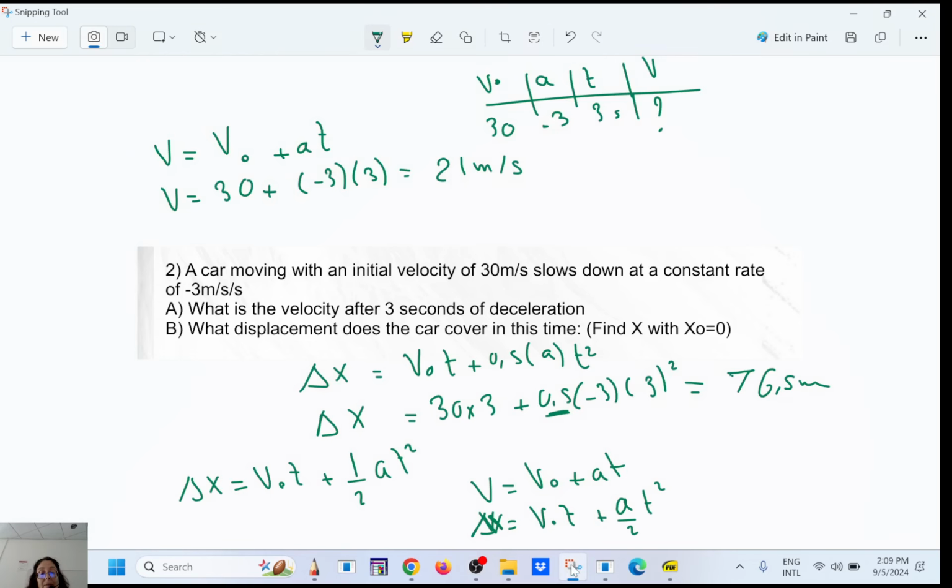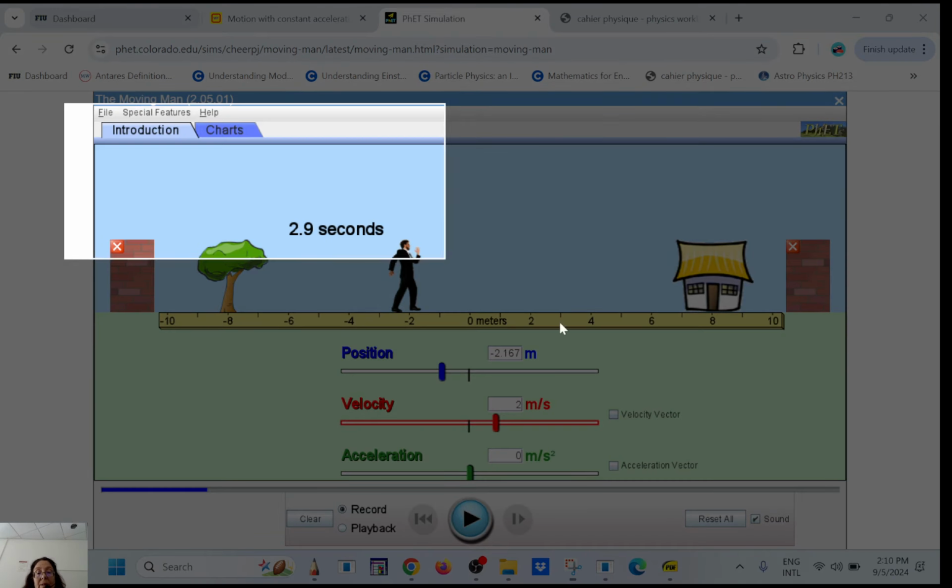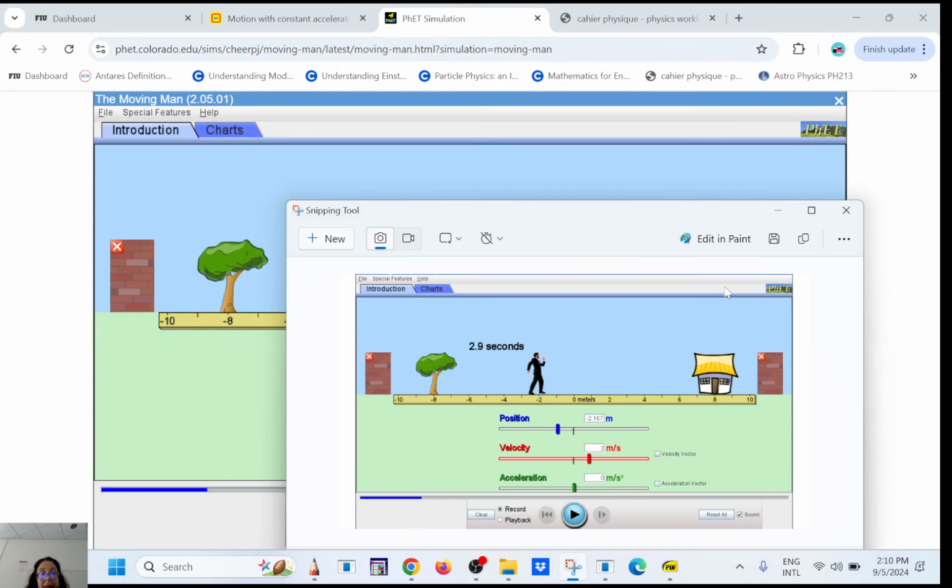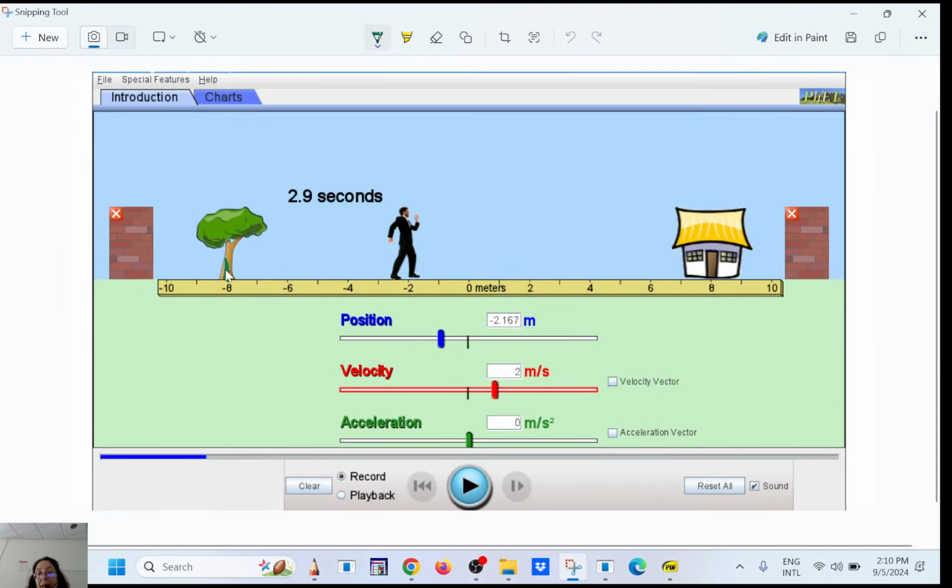So why do I do that? Because sometimes you have tricky questions, right? You see here? That position is going to be your initial position, which means when you start your stopwatch. Now, the displacement is going to be 2 meters every second.